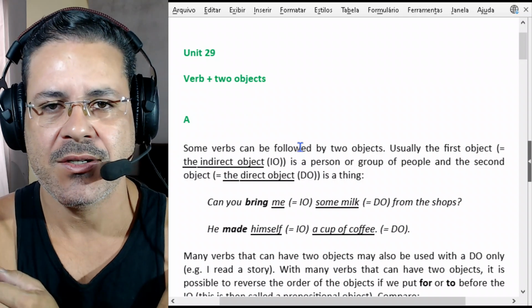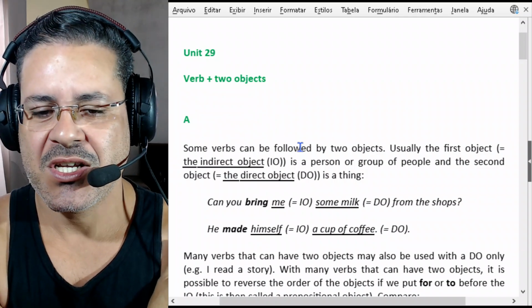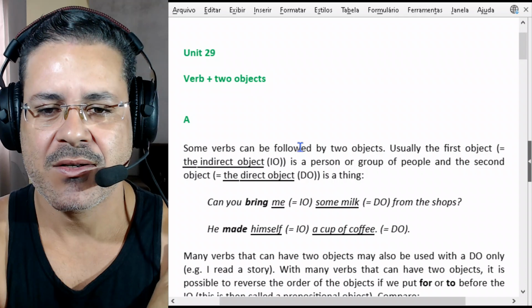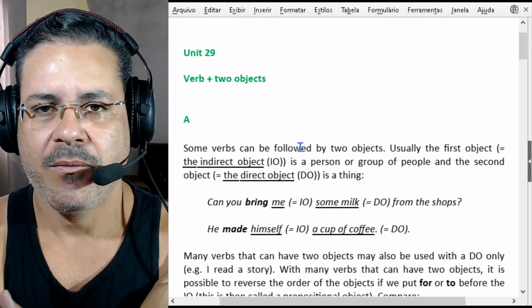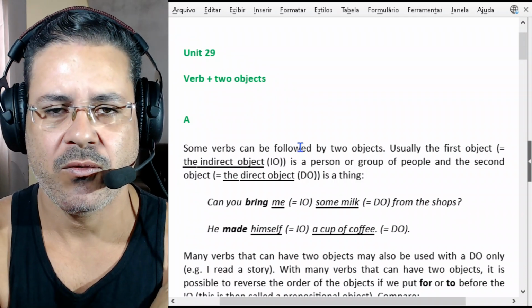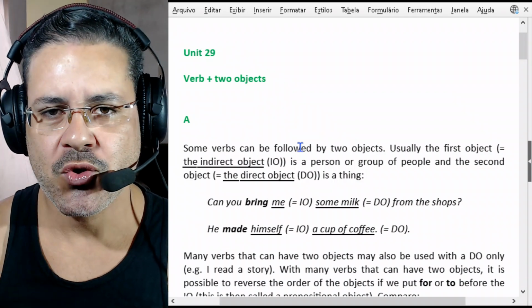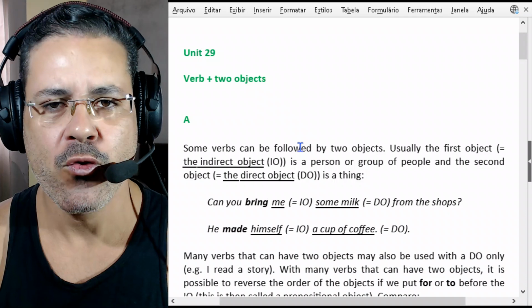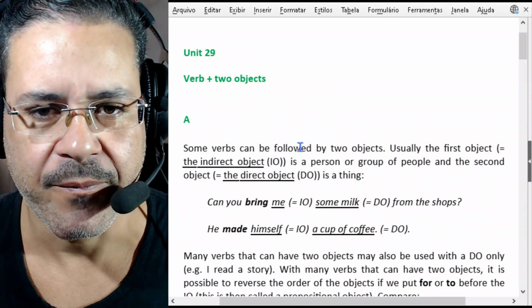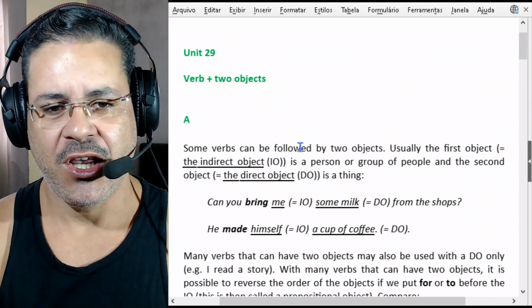I intend to read 100 units, which is all about that series where we're going to be addressing all of the issues that are important to develop your fluency, your sophistication, your proficiency in English.